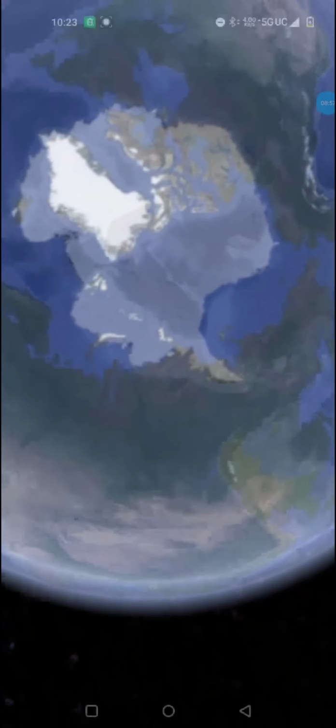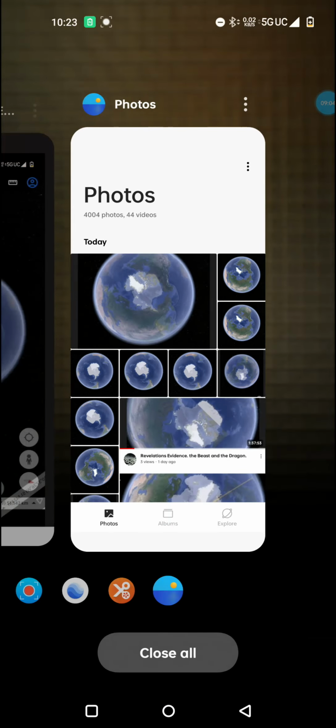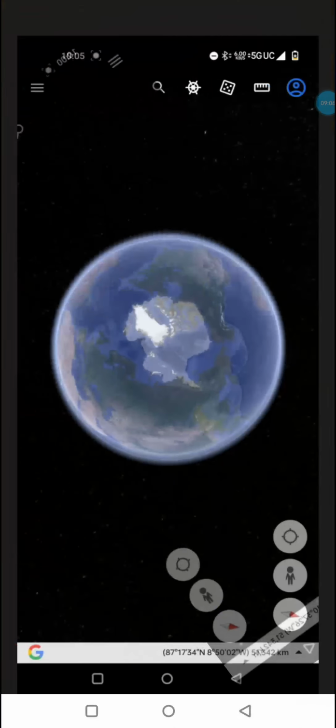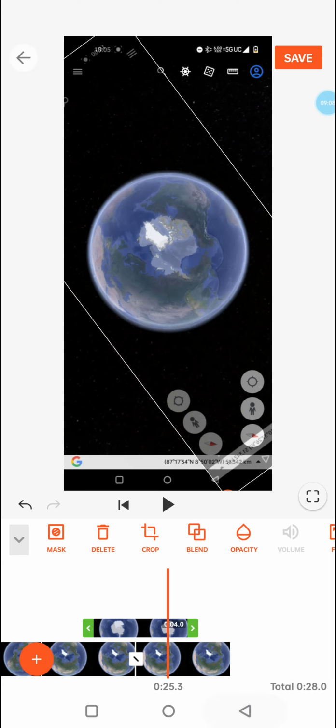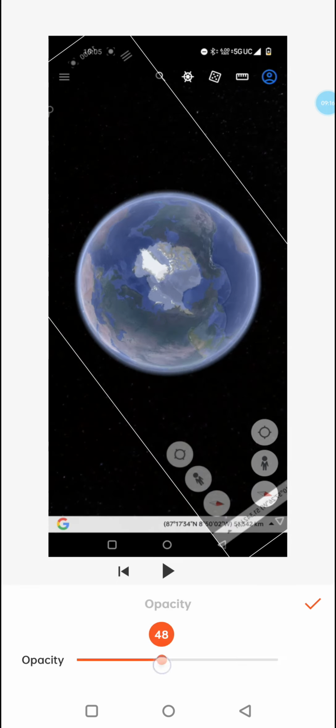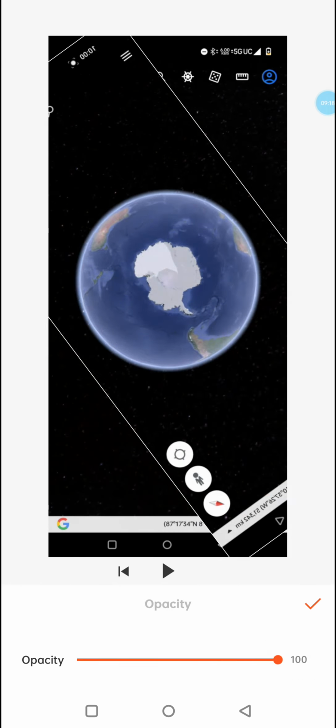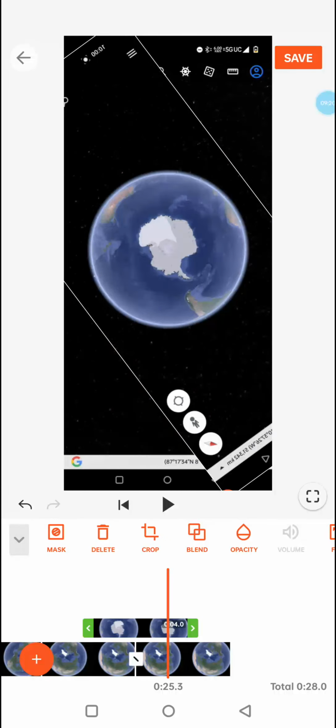So what I'll do is I'll take some pictures and crop them real quick so I can show you what they look like in full color. So I go to opacity, go like that. Then I go to crop.